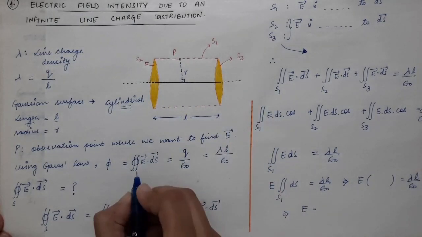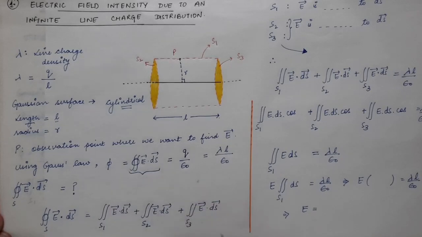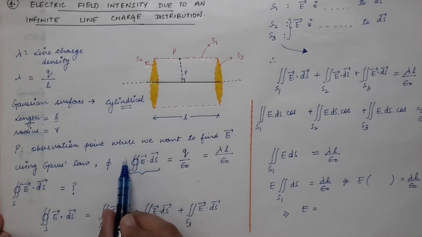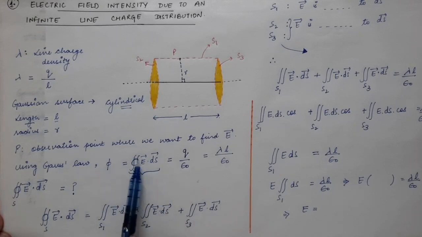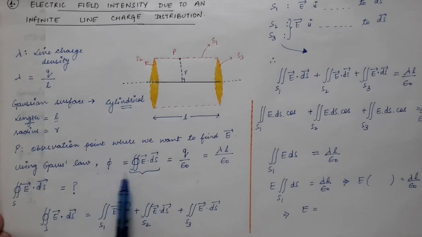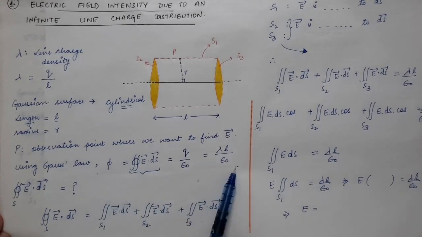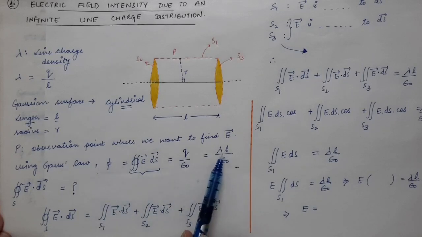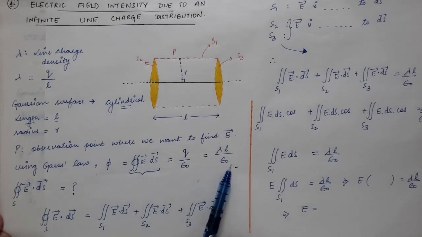So we want to solve this factor, take the electric field out of it, and find the formula for the electric field intensity using Gauss law. This is how we have used Gauss law, and we have found the flux is equal to lambda into L divided by epsilon naught.